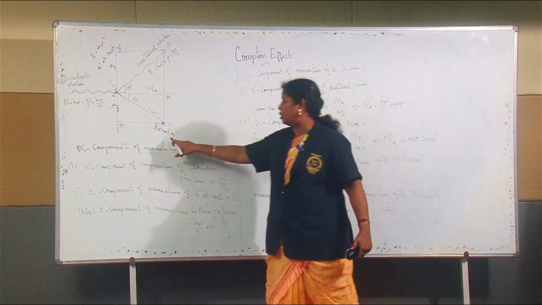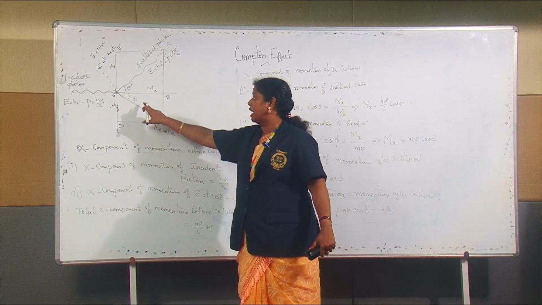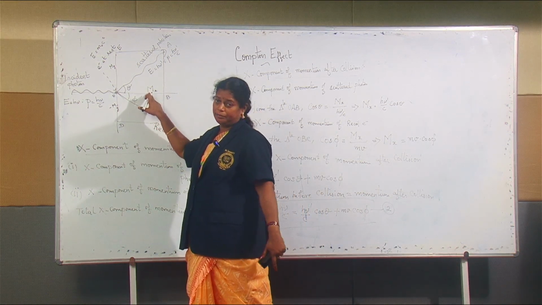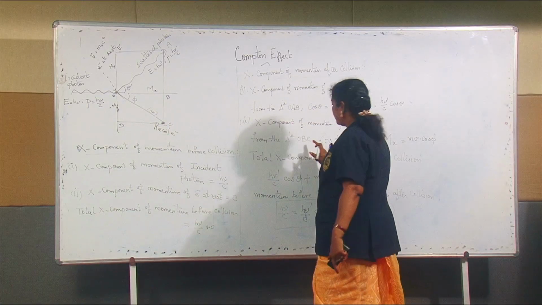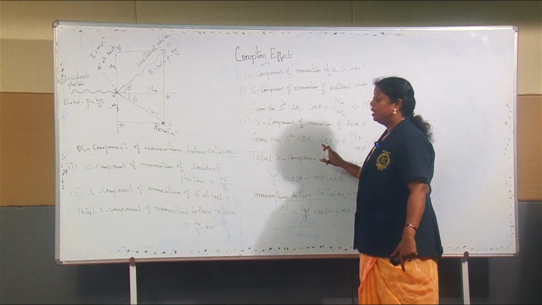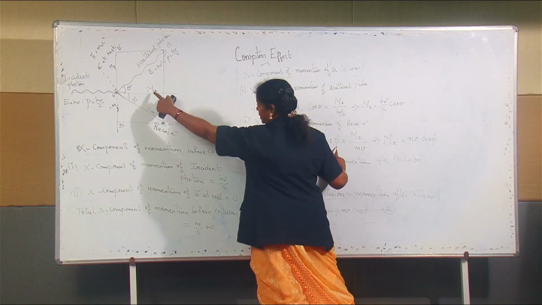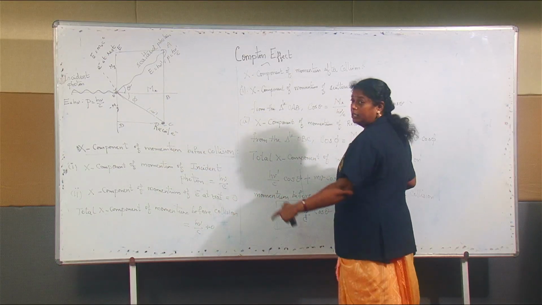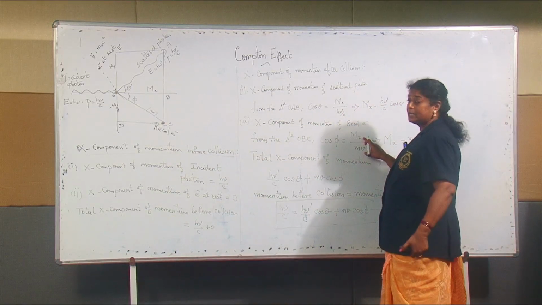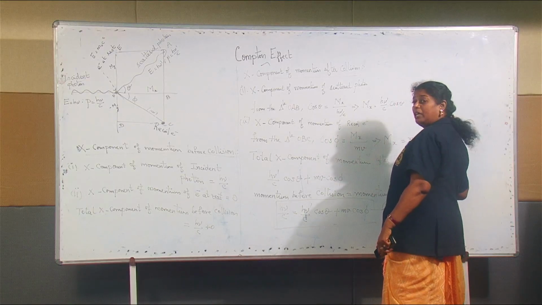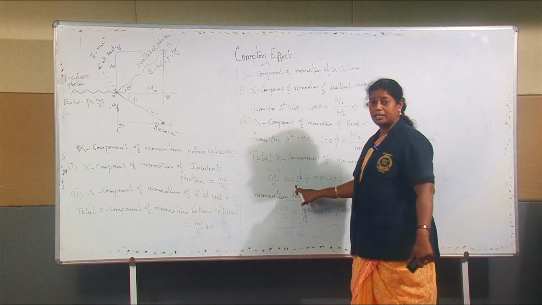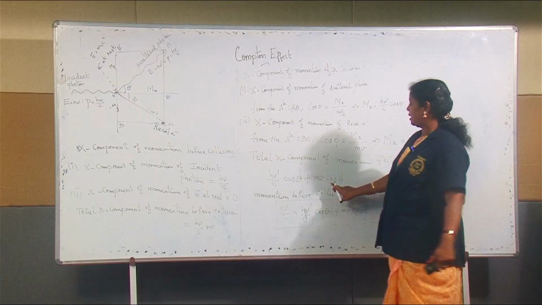Similarly, for the recoil electron with the angle phi, using the triangle OBC, cos phi is equal to mx by mv, so mx is equal to mv cos phi. Adding both, we get h nu dash by c cos theta plus mv cos phi.